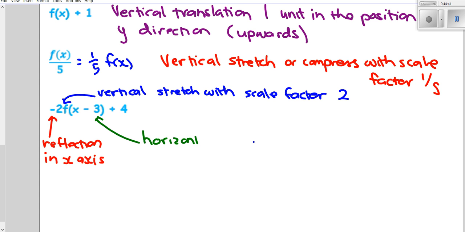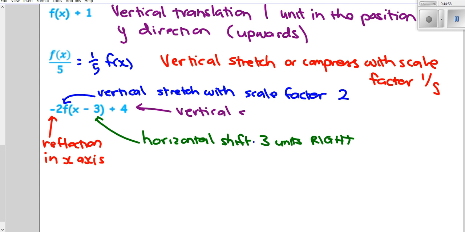Horizontal shift, 3 units right. What does the 4 do? Push it 4 units up.